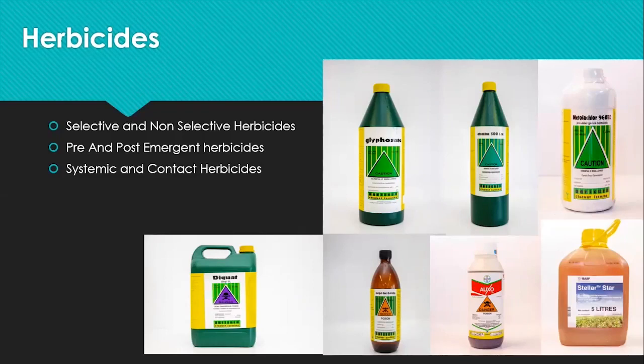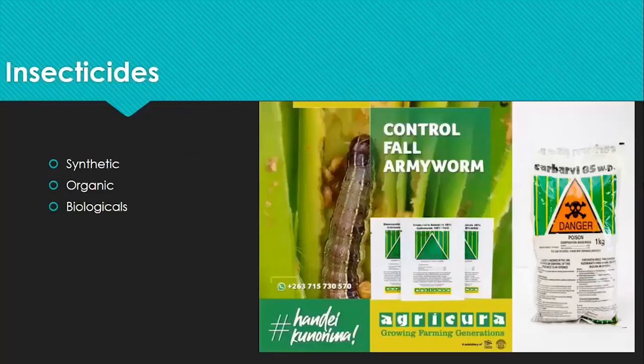That's post-emergent to control broadleaf and grasses in maize. So you can always come through and we discuss further on how to use all of these products in any of our branches nationwide.